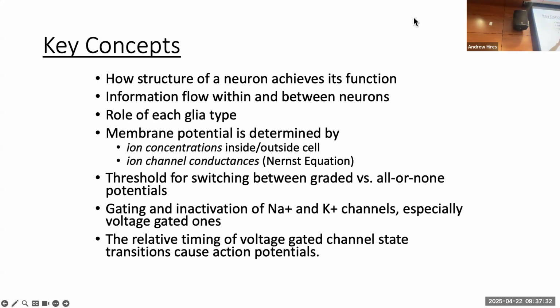So we want to understand how that is influenced by ion concentrations: how much sodium, potassium, and chloride is inside the cell versus outside, and how which ion channels are open determines how the membrane potential changes and where it stays.